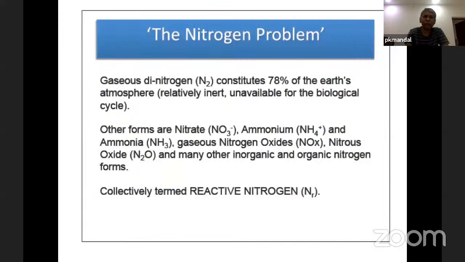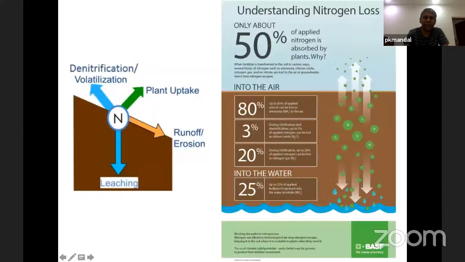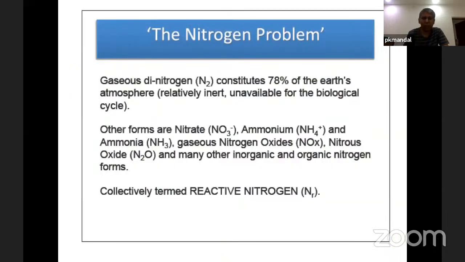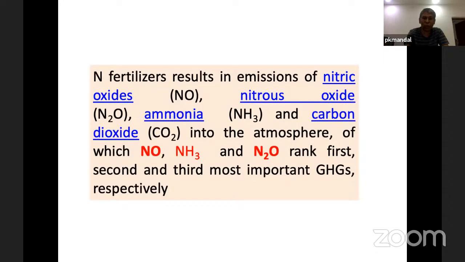There are two slides. What we wanted to say is, as long as nitrogen is there in the atmosphere, it is actually not reactive. But when it forms ammonia and different nitrates and different gases, they are called reactive nitrogen, and they are quite harmful. Those reactive nitrogen gases, NO, NH3 and N2O, actually form the first, second and third most important greenhouse gases.